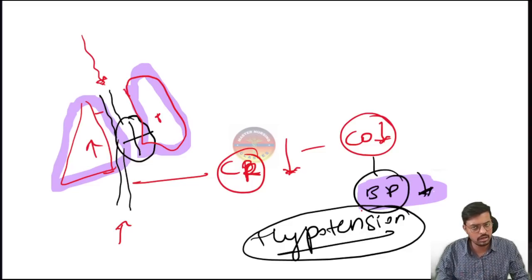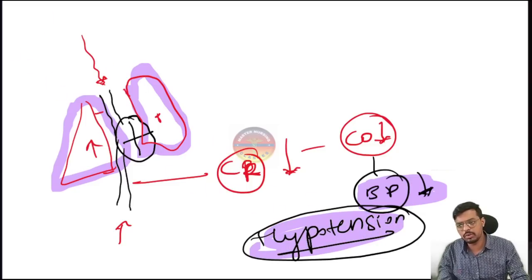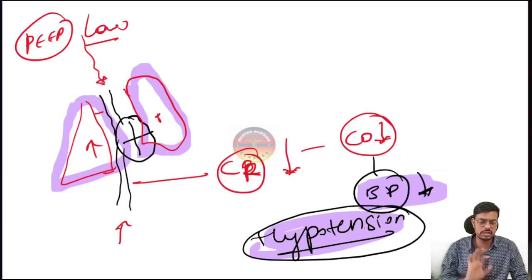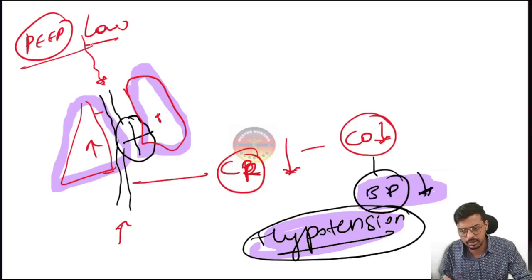I think the hypotension concept is clear because of the intrathoracic pressure. So to correct this hypotension, we have to reduce the intrathoracic pressure, which means we have to keep the positive end expiratory pressure low. Reducing the PEEP controls the hypotension. That is the treatment of hypotension in mechanical ventilator pressure: keep the PEEP low.